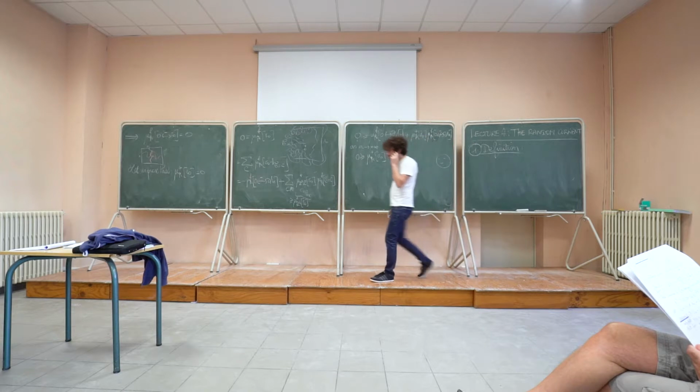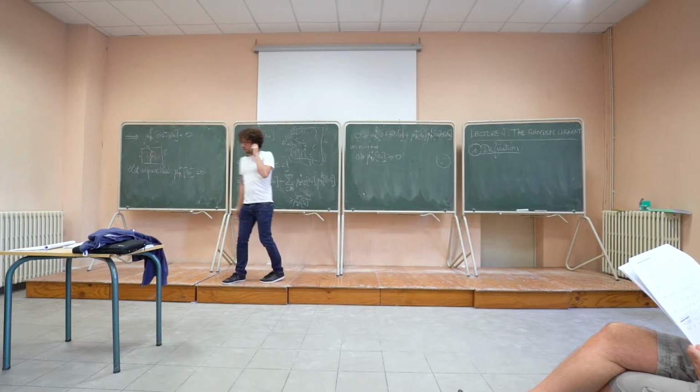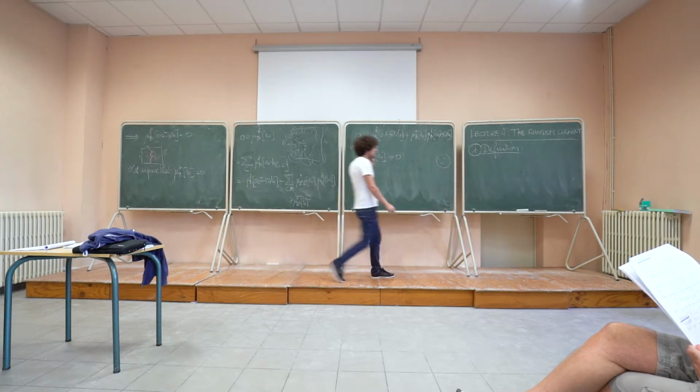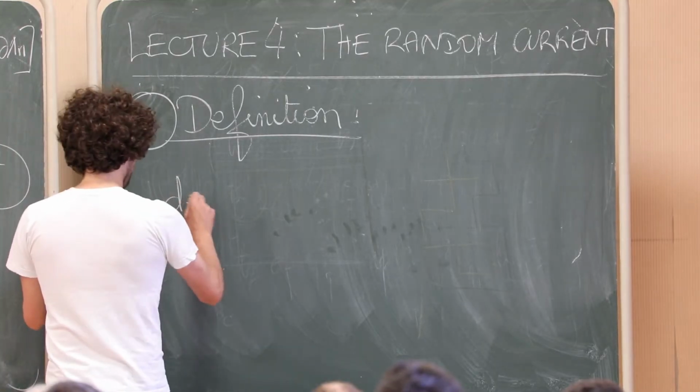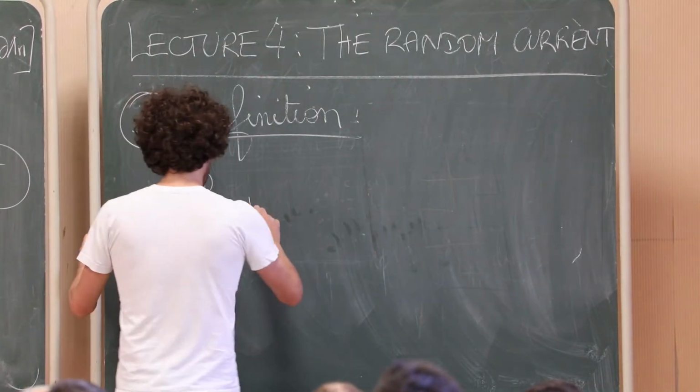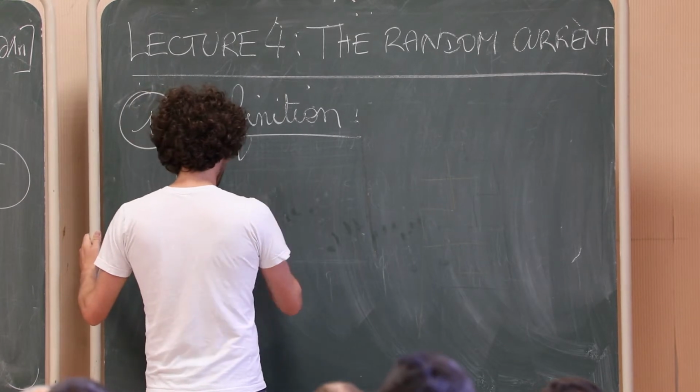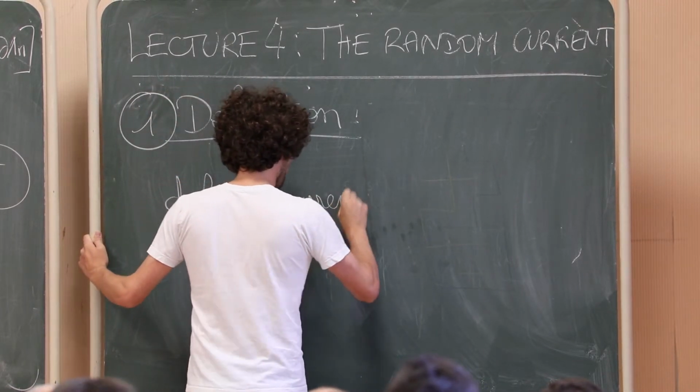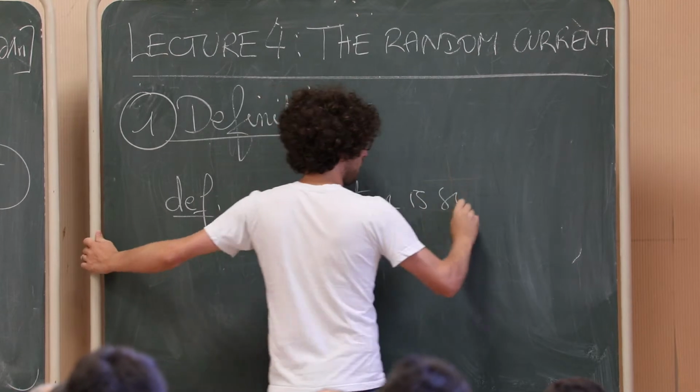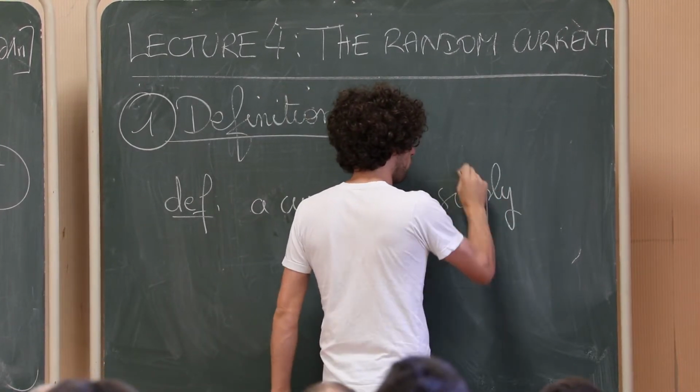Okay, so what is a current? Well, it's a big name. So n, a current, n is simply an integer valued function.